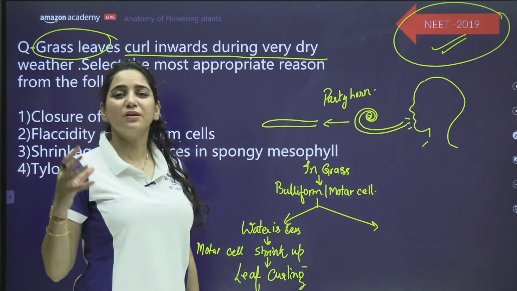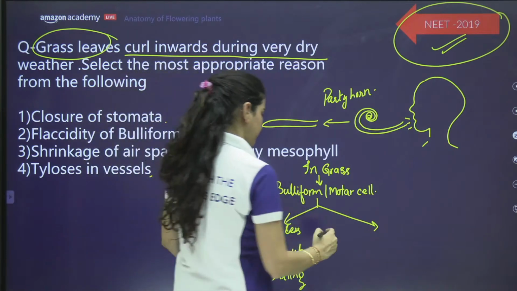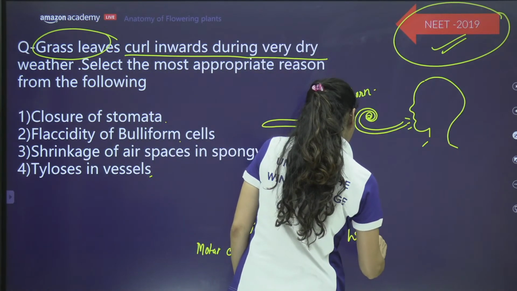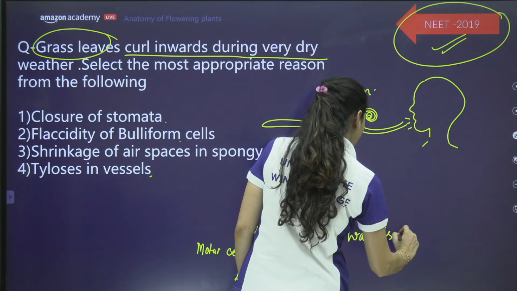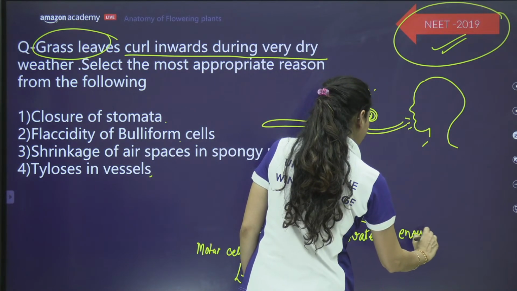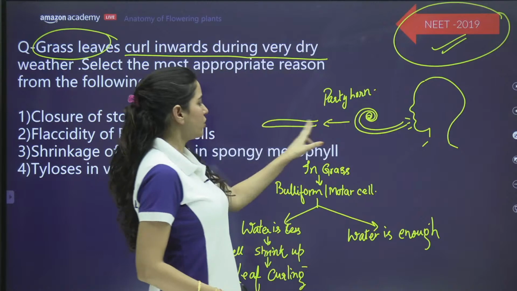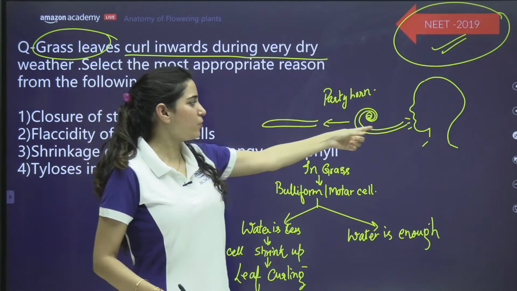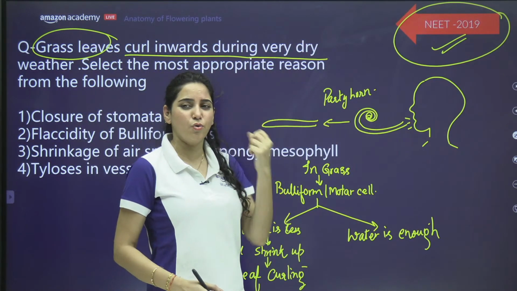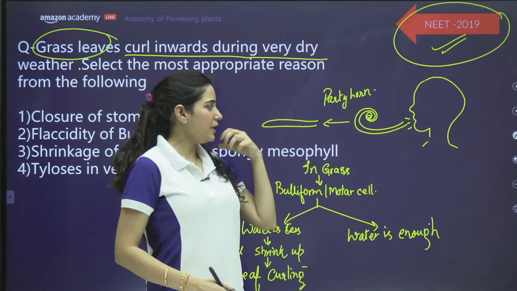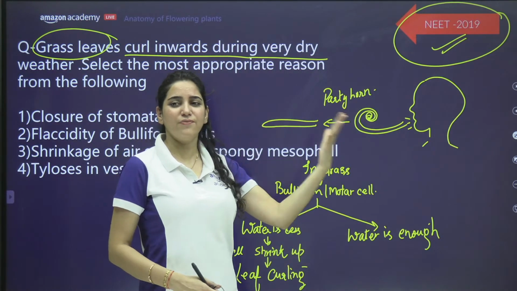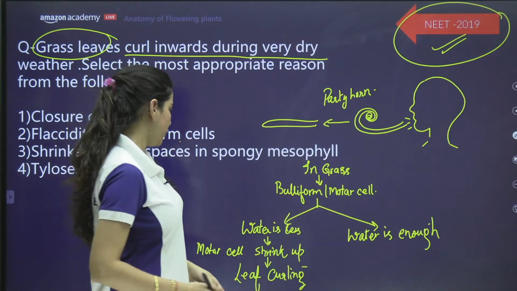Whereas when the water is more, when water is enough, then what is going to happen? We are going to open up like this. जैसे हमने बोला अगर एयर को अंदर की ओर सक कर लोगे तो ये कर्ल हो जाएगा, लेकिन अगर इसमें एयर ब्लो करोगे तो ये फ्लैट हो जाएगा, है ना। So what is going to happen?